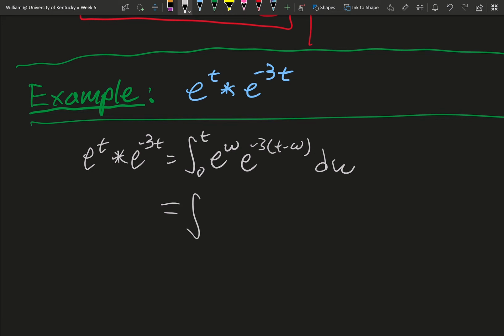Okay, so here we're going to rewrite it. And now we're going to note that we can pull out this e to the negative 3t because it's just a constant from the perspective of w.